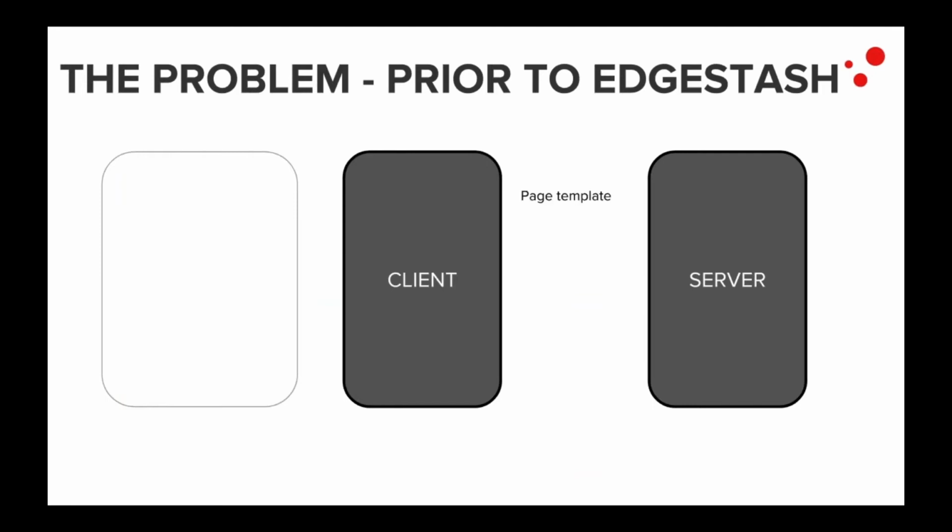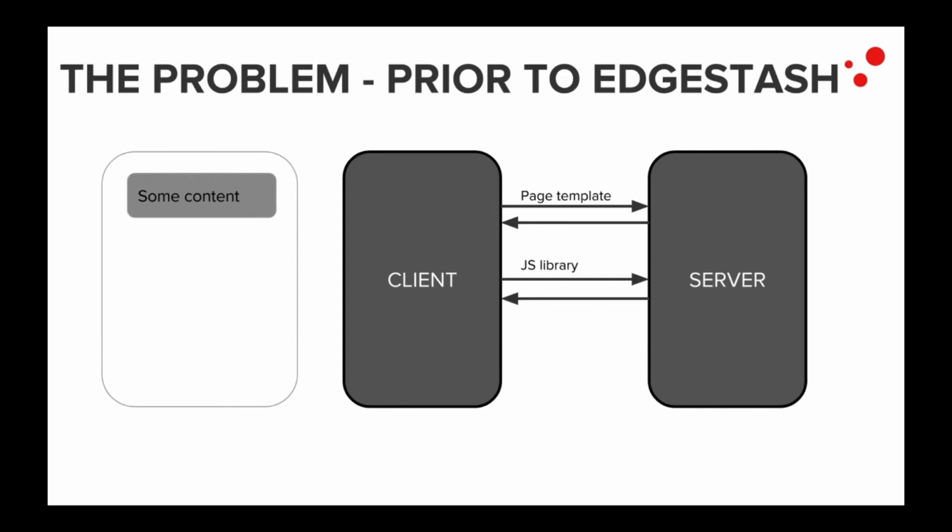So the client sends a request for a page template, and the server replies back, and you will receive some content and the template of the page. Now the client, which is the web browser in this scenario, will have to send another request to the server asking for a JavaScript library. The server will reply back.